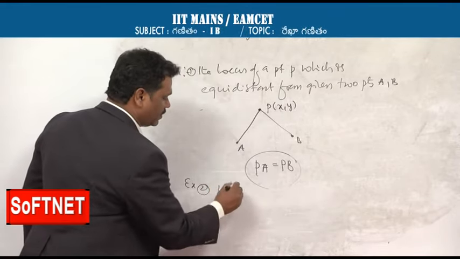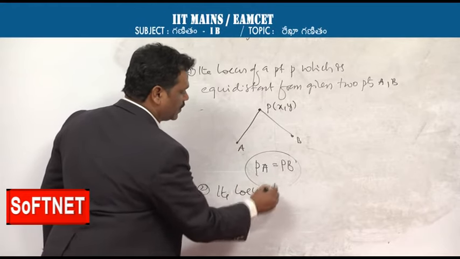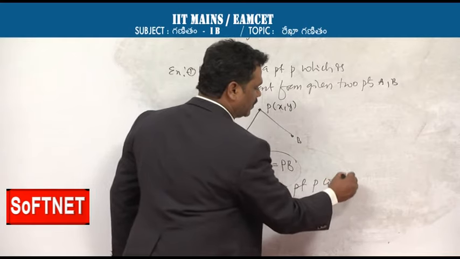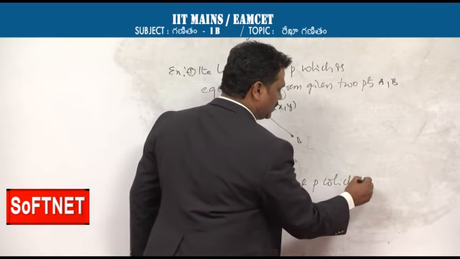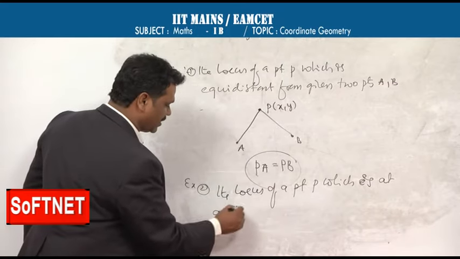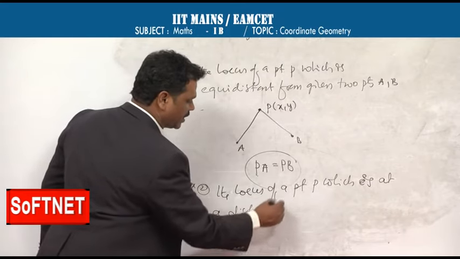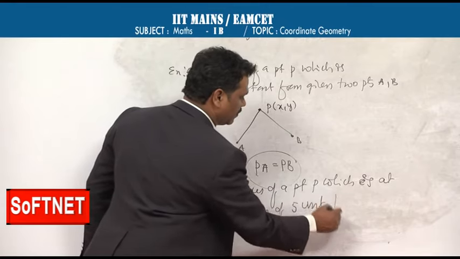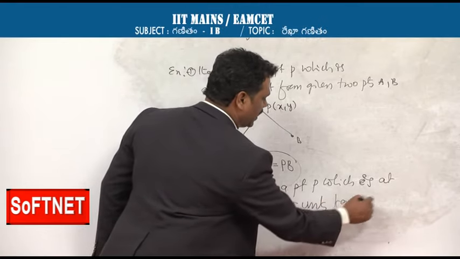The locus of a point P which is at a distance of 5 units from A.